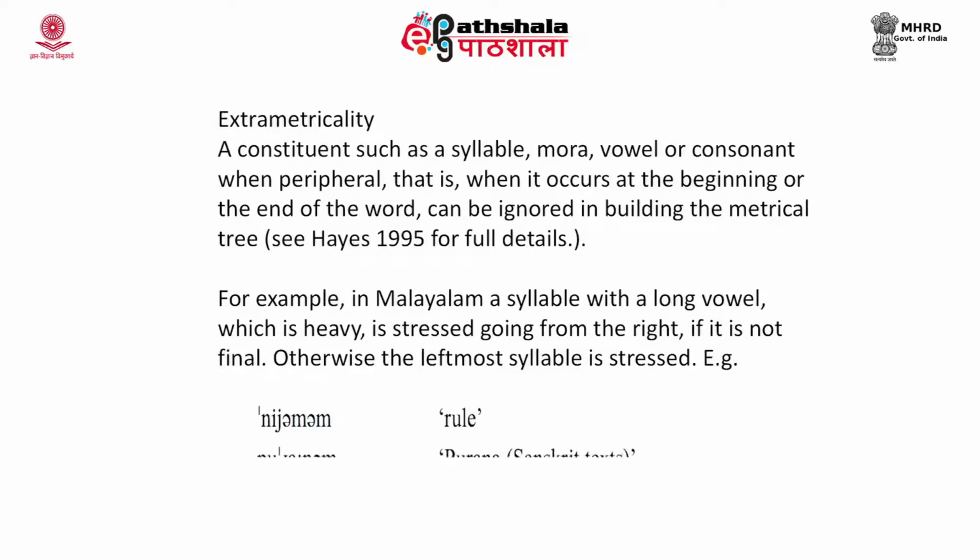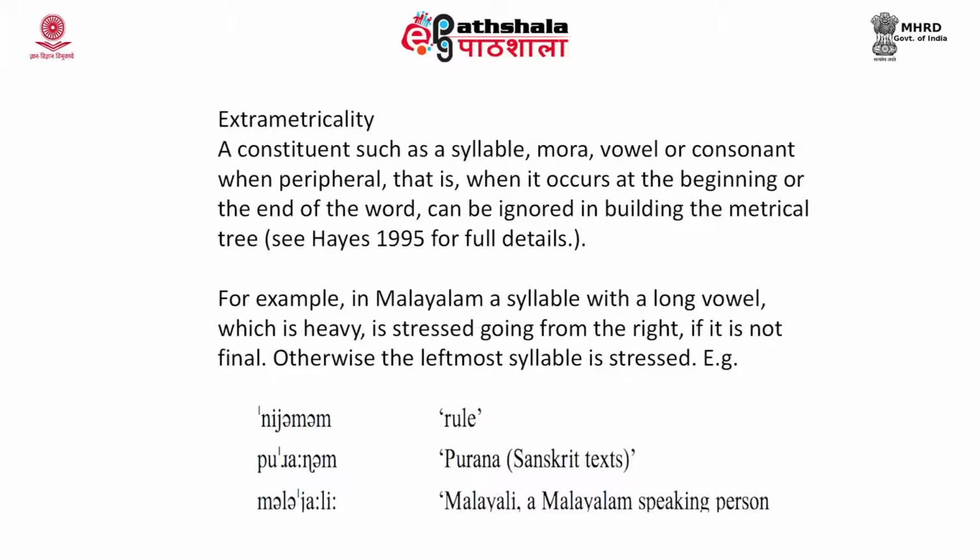Let's take a look at an example from Malayalam. In Malayalam, a syllable with a long vowel, which is heavy, is stressed, going from the right. Notice that only a long vowel is heavy in Malayalam, because consonants always occur as the coda, so heaviness is not defined in terms of a coda.